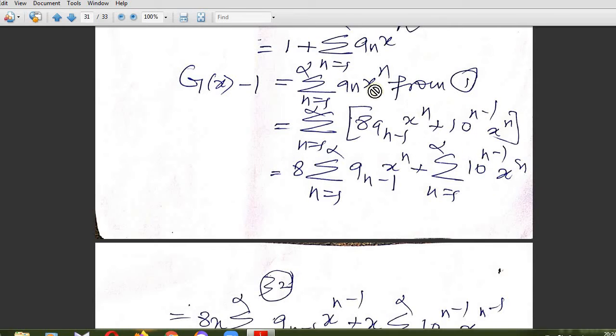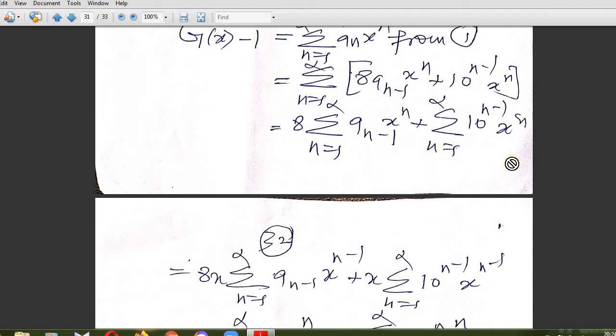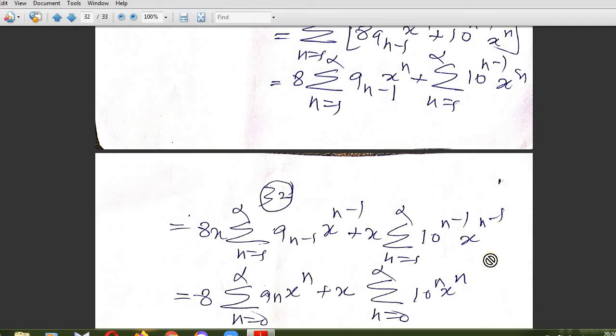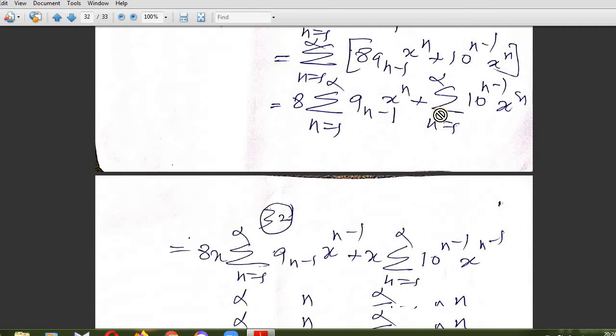So here the x^n is distributed inside. So that is correct: 8 summation n from 1 to infinity a_(n-1) x power n plus summation n from 1 to infinity 10 to the power n-1 x power n. Yes, very interesting. Am I correct?